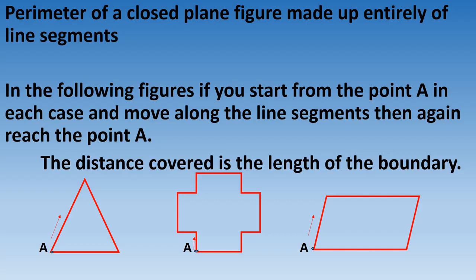Again I am telling, the distance covered by a figure when we start from point A and again reach the point A, this complete distance is called the length of the boundary of the figure. And this length of the boundary is known as the perimeter of the closed figure.